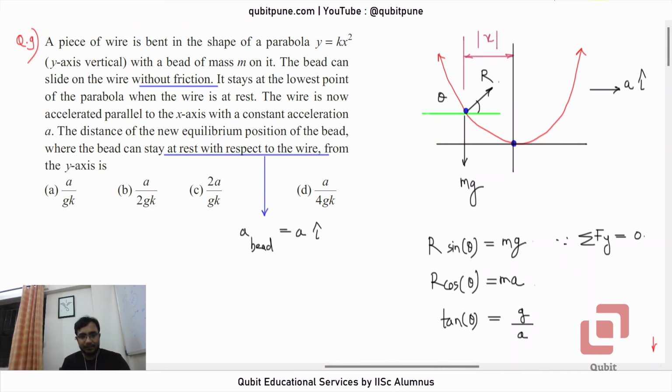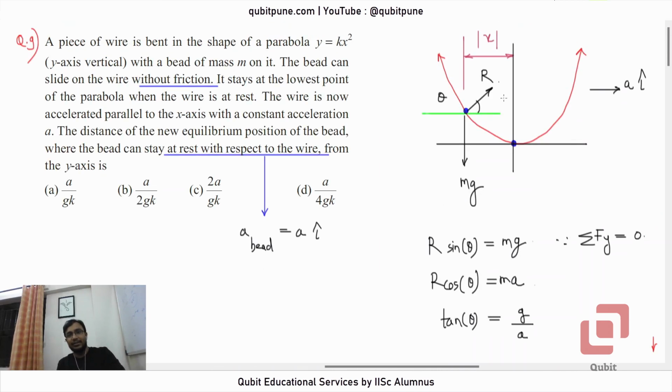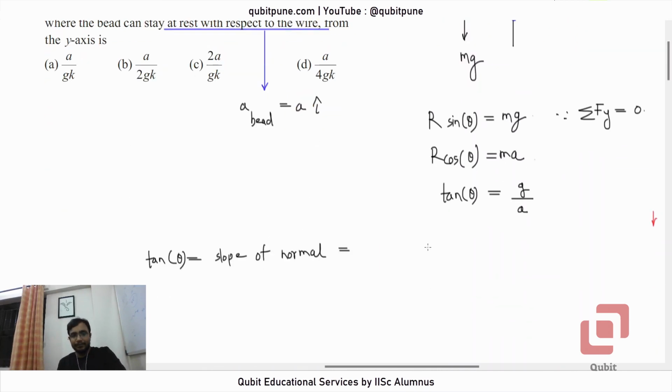What is tan theta? Tan theta is actually the slope of the normal. Because we have assumed that the normal makes angle theta with the horizontal, r is the normal reaction, so this is g upon a.